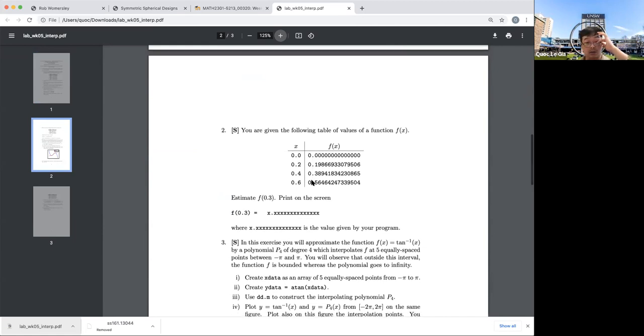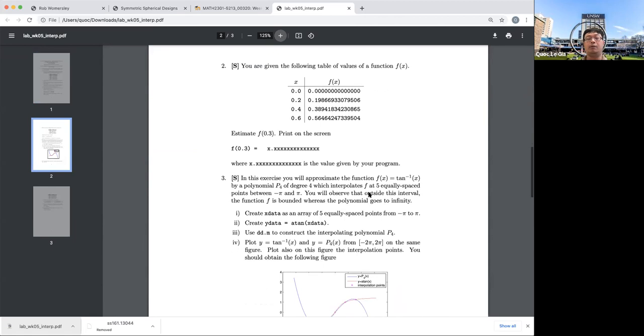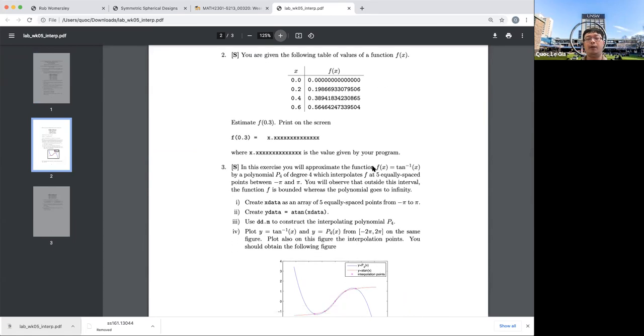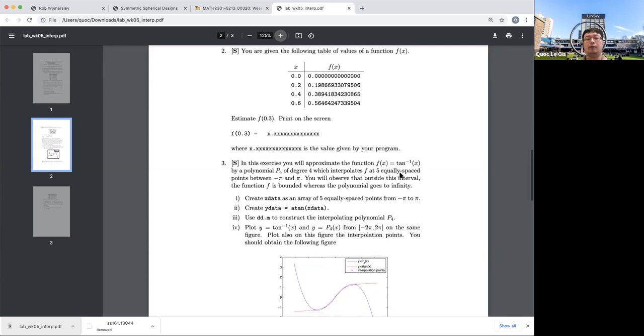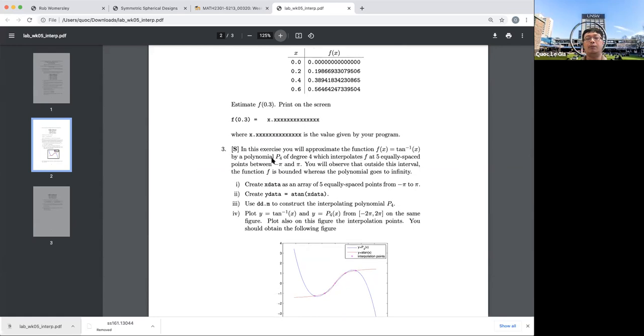But the third question is exactly the same, but you just replace the function f by tan inverse, and the data points are 5 equally spaced points from -5 to 5.